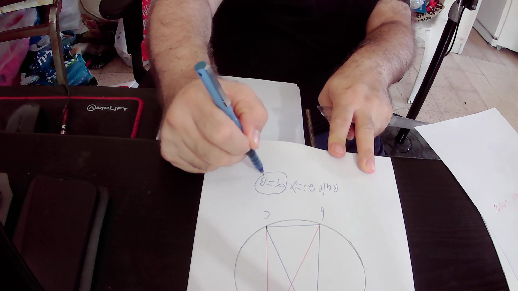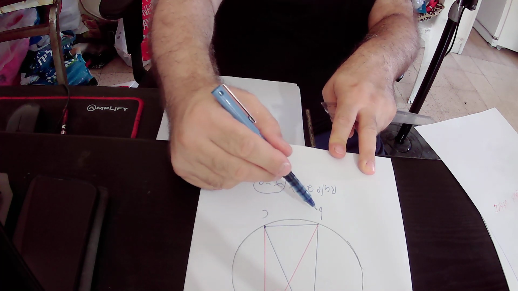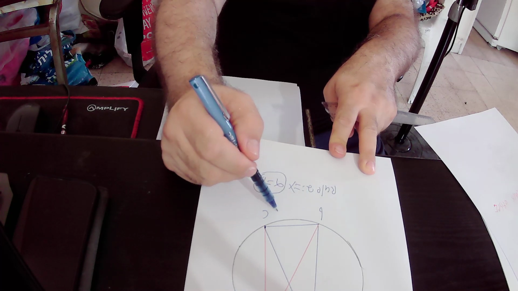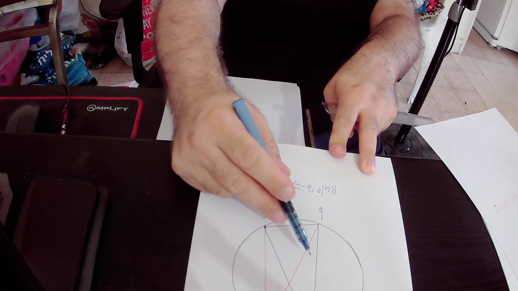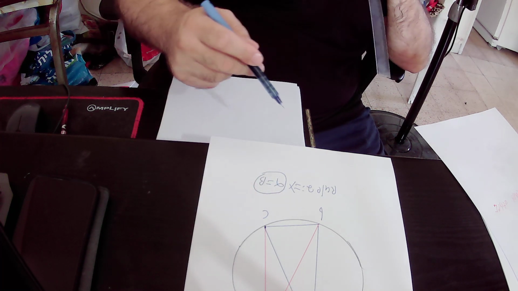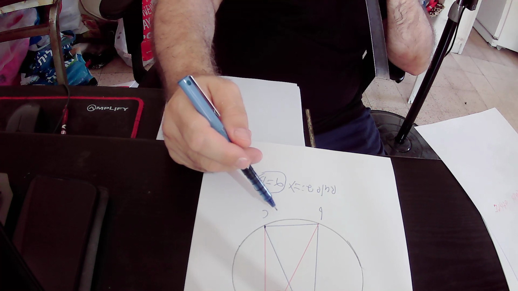Because those two angles rest on the same chord, that is to say on chord BC, they are equal to each other. We can also say that they rest on the same arc BC. Okay?